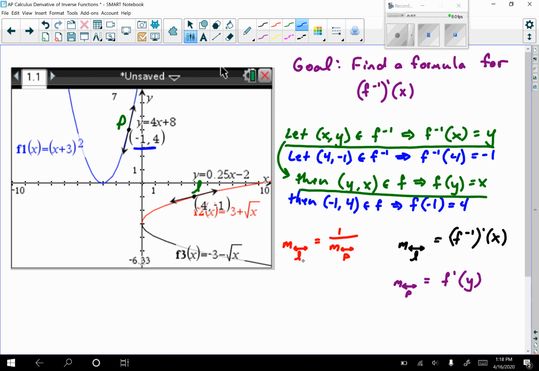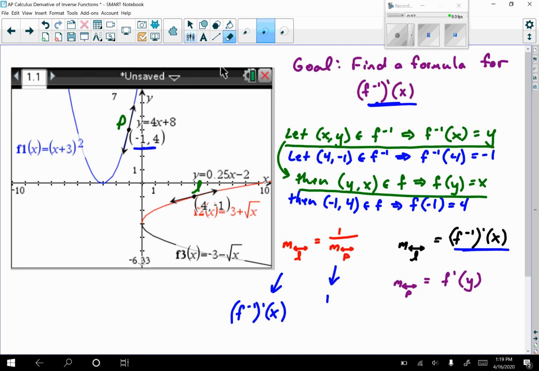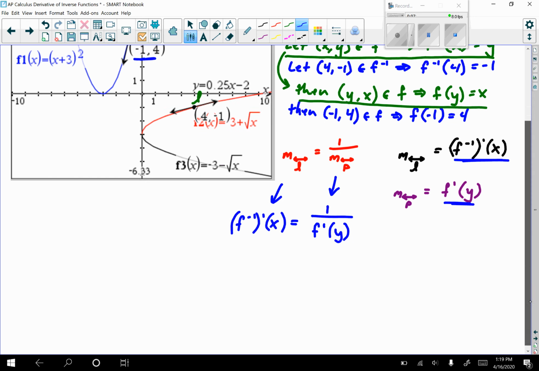So next I'm going to replace this. The slope of line L is equal to the derivative of the inverse of f of x, which is what I have up here. So that's the start of our formula. That's going to equal the reciprocal of the slope of line P, which is f prime of y. So essentially this is our formula. I just don't want to leave a y in there.